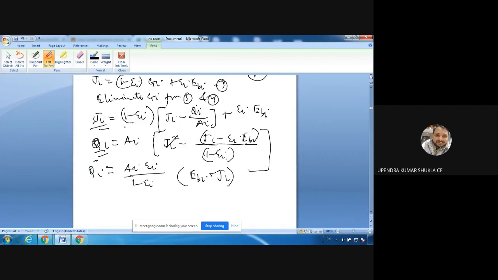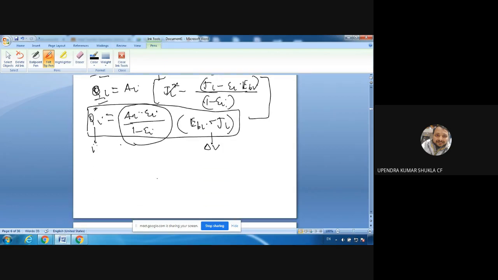Now this rate of heat transfer, if you look into it, is like current I, and this is like voltage delta V. So this is 1 by R, so R is the inverse of this, in the electrical analogy. Here Ri is called the surface resistance.